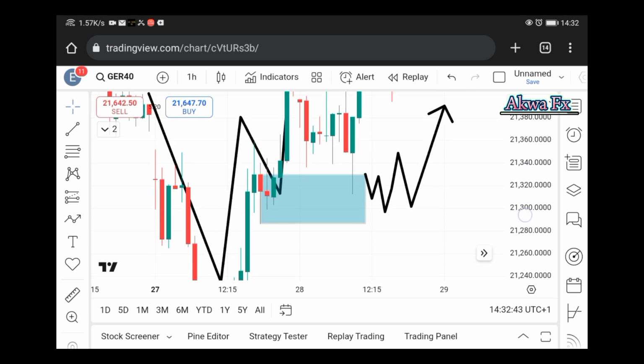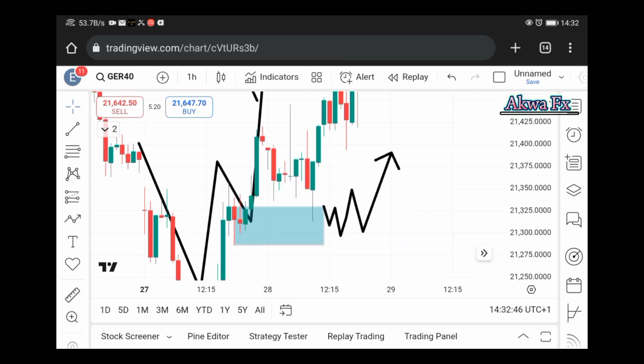So this is what you are going to be looking at for you to trade liquidity grab effectively. I don't want this video to be too long. That's why you should go to your smaller time frame and backtest that second image, that second diagram, on a smaller time frame.